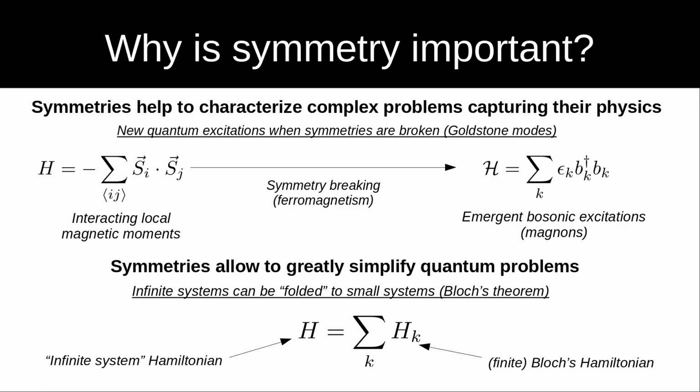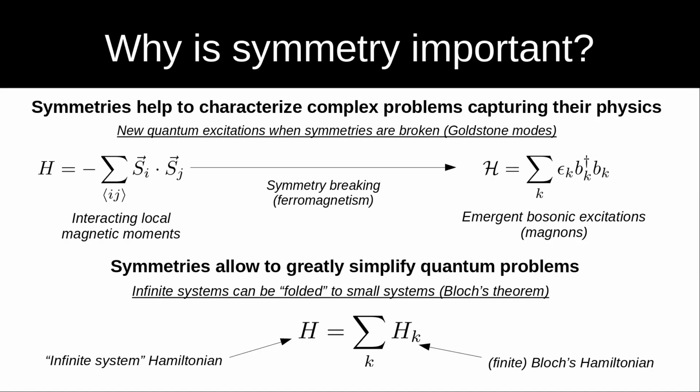Now, if we think about the impact of symmetry for fundamental excitations, in particular in the case where we had symmetry breaking, we saw that every time that we have symmetry breaking, there's the potential of having new quasi-particles. And these new quasi-particles were the ones that we called phonons or magnons, and we will see that there are several others.